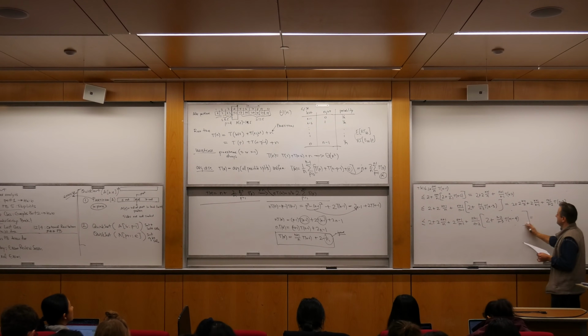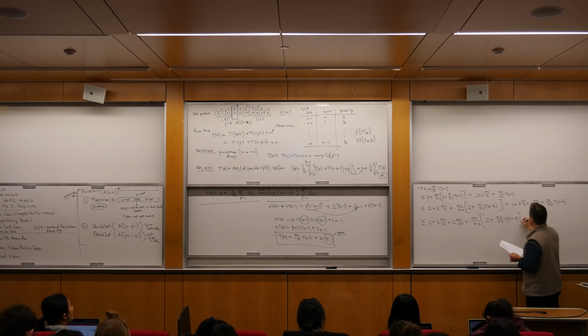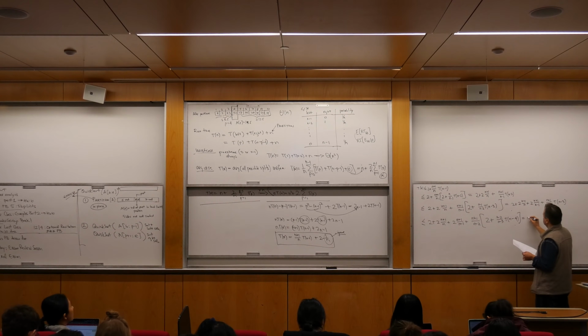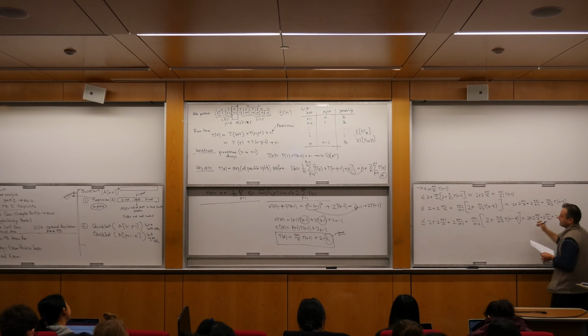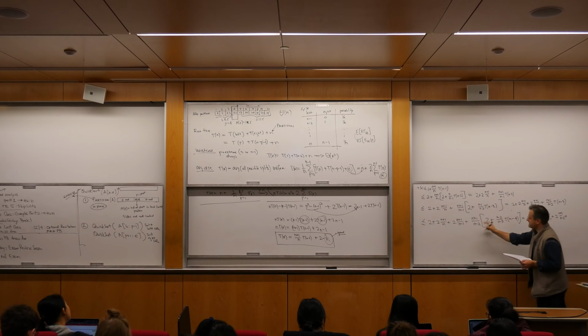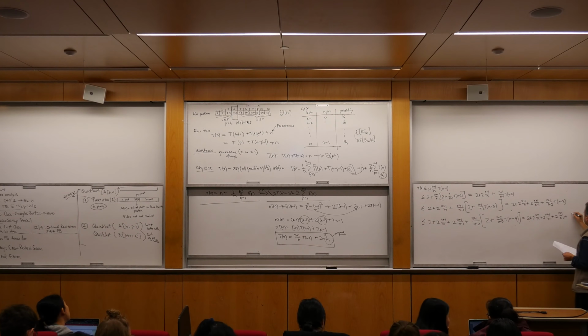Right, cleaning. 2 plus 2 n plus 1 by n plus 2 n plus 1 by n minus 1 plus 2 n plus 1 by n minus 2 plus, now I have the same two fractions multiplied with each other. I'm going to get n plus 1 divided by n minus 3 t of n minus 4.